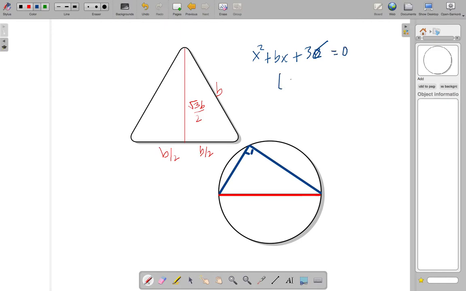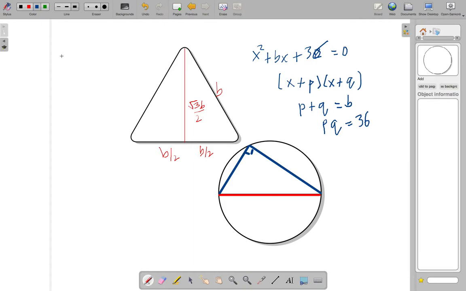So both are negative. That means you have x plus p and x plus q. So we know that p plus q is b, and we know that pq is 36, but p and q are both negative.